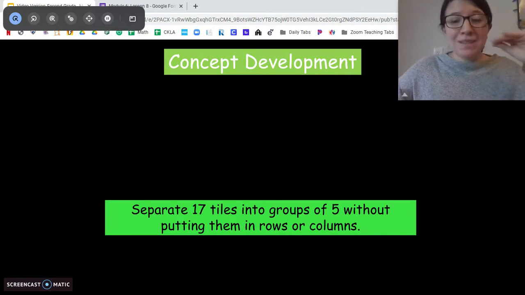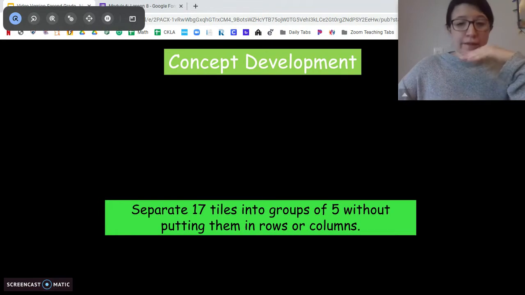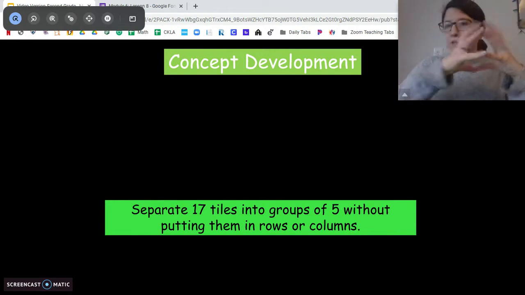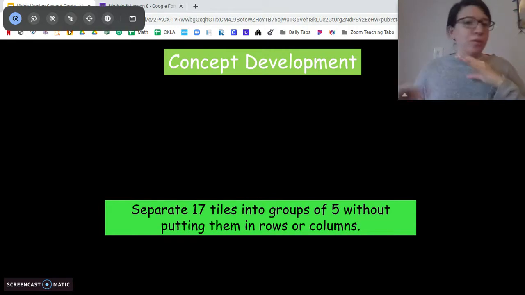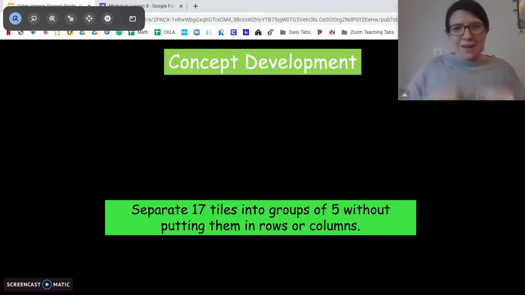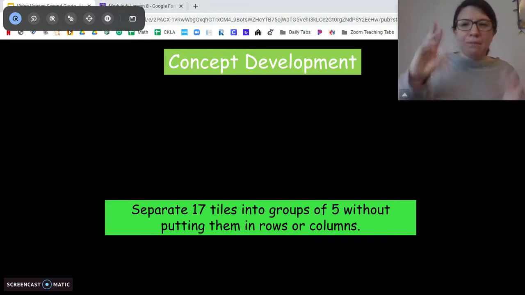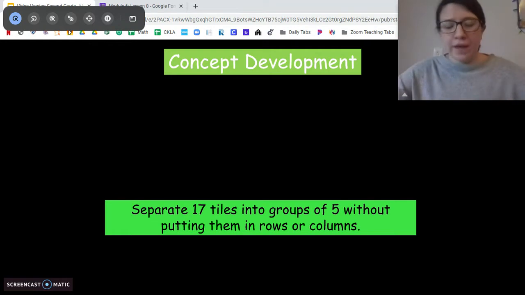Take out 17 tiles. What I want you to do is put those tiles into groups of 5. You don't have to put them in rows, columns, any of that. Make a group of 5. So first step, take out 17 tiles. Second step, put them in groups of 5. Pause and do that now.